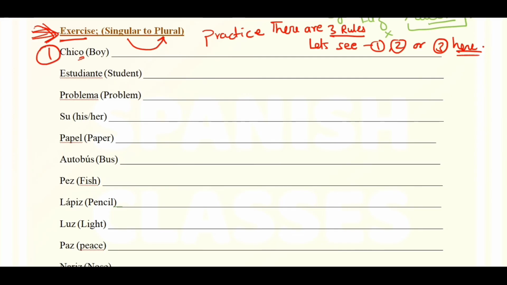Example number 1 is chico. O ending means vowel ending noun. What do we have to do? If any noun ends with a vowel, we have to add s only. Chicos. This is plural.